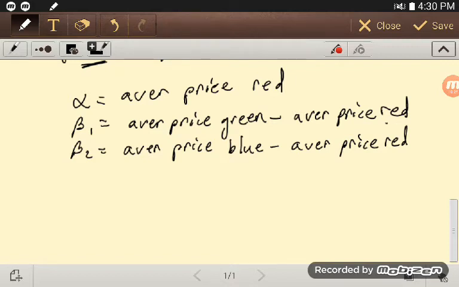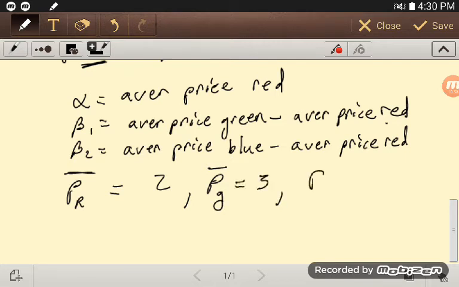So it's interesting, if you were to give me some data and you were to tell me prices, and you were to say, oh, well, the average P bar, it's like X bar, P bar, and I'll put an R for red, is equal to, we'll say 2, and the average price of green is equal to 3, and the average price of blue is equal to, we'll go with 150, then actually it's interesting.